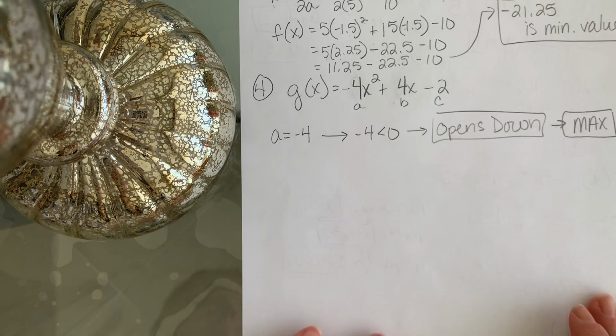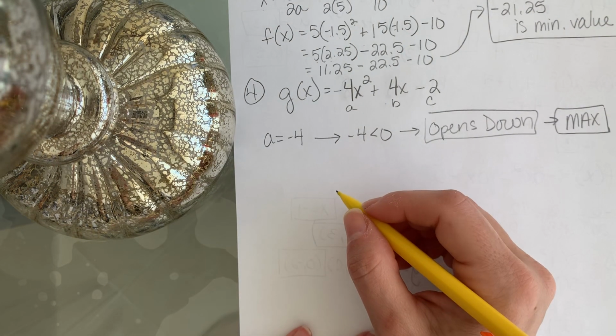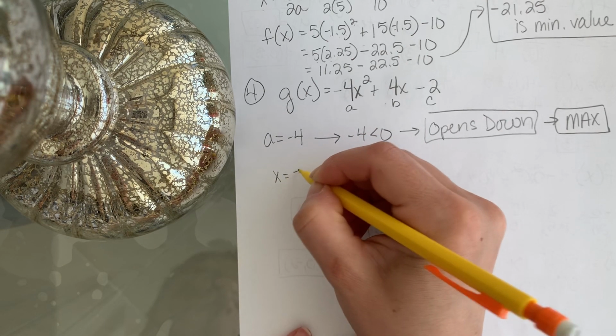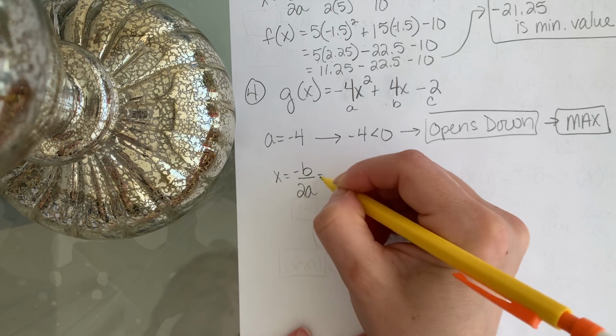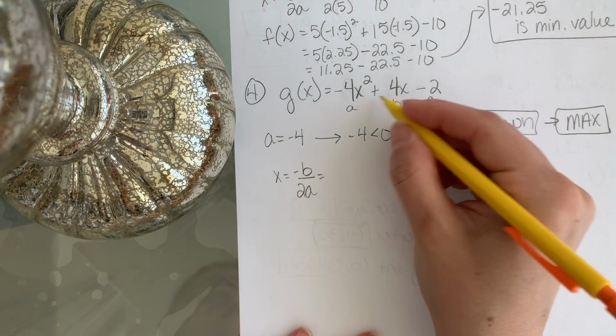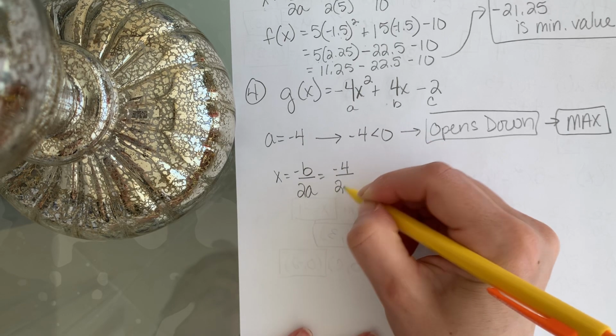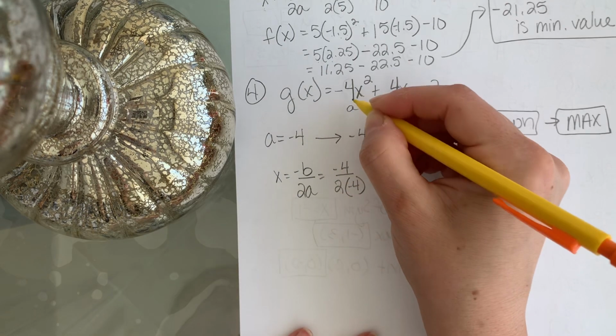So now we have to use our negative b over 2a to start finding this maximum value of this parabola. X equals negative b over 2a. So what is negative b? Well, b is positive 4, so it's going to be negative 4 over 2 times negative 4. That's my a.